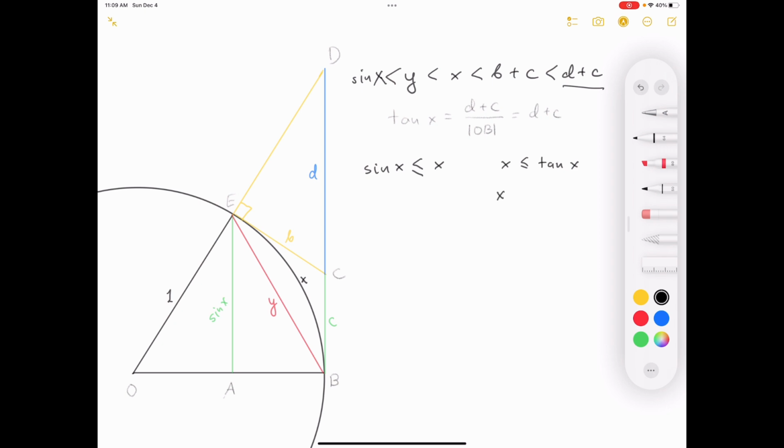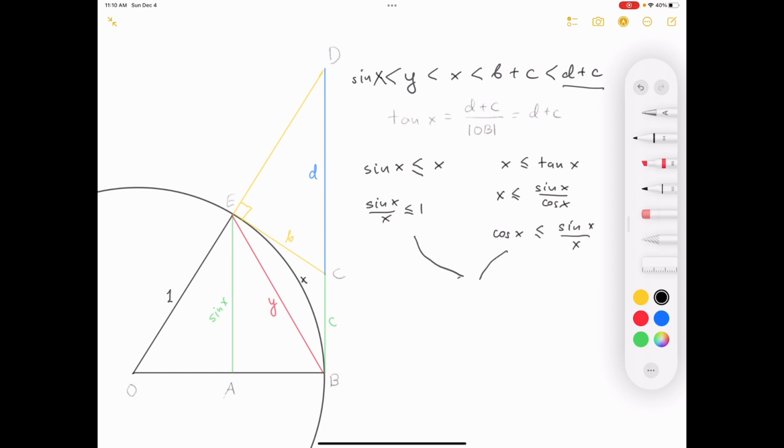Well, we can rewrite tangent x as sine x over cosine x. And dividing the first inequality by x, we get that sine x over x is less than or equal to 1. On the other hand, multiplying by cosine x and dividing by x, we get that cosine x is less than or equal to sine x over x.